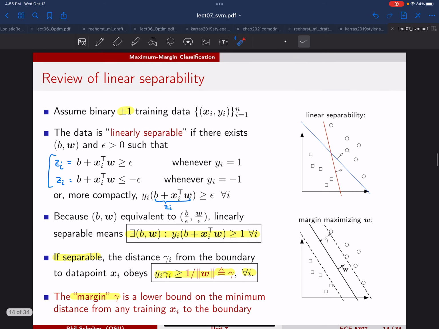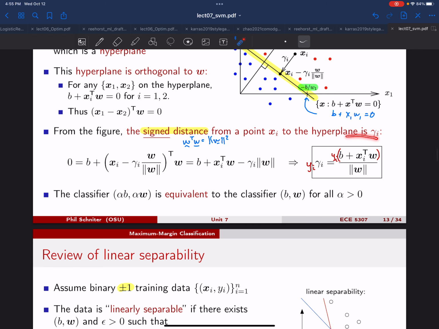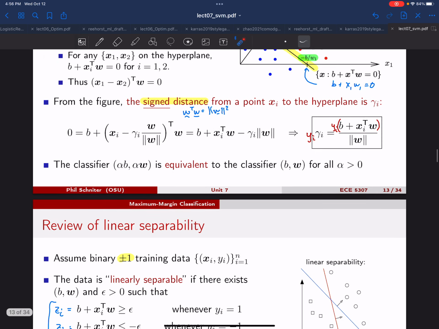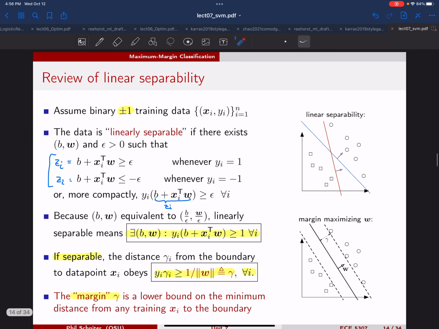It comes down to this equation. The first thing we figured out is the distance between a point and the boundary. We got the equation for that, and then we added this sign correction. After that, we realized that under this linearly separable constraint, it simplifies down to this.